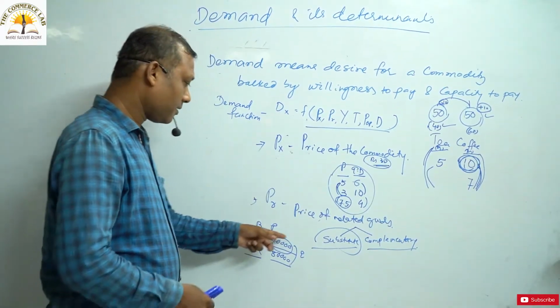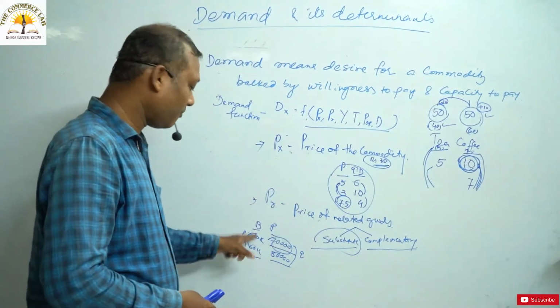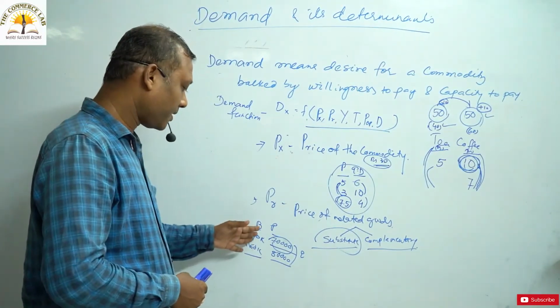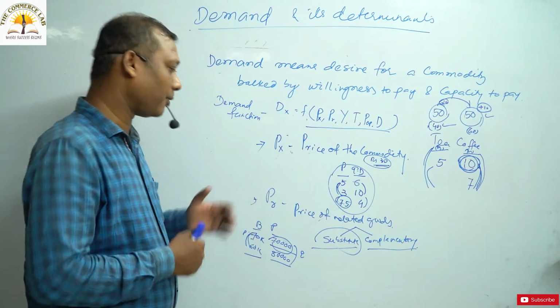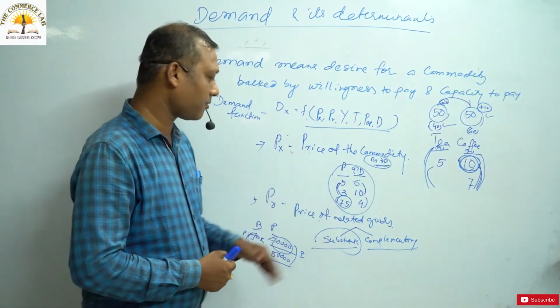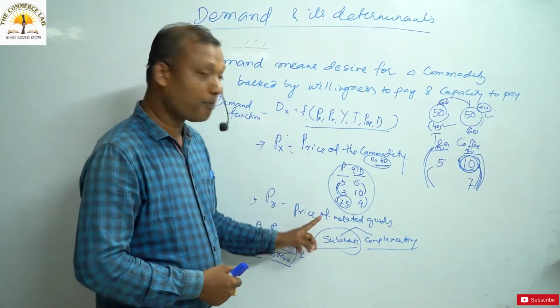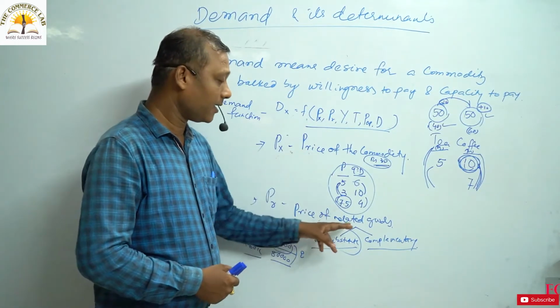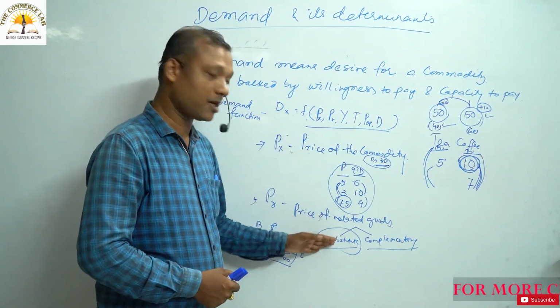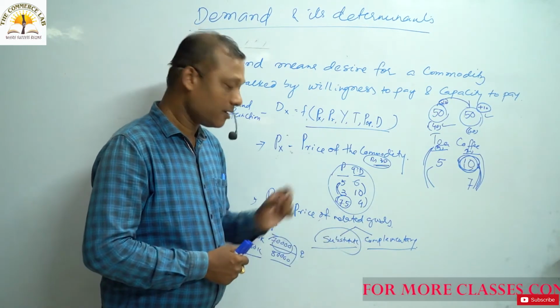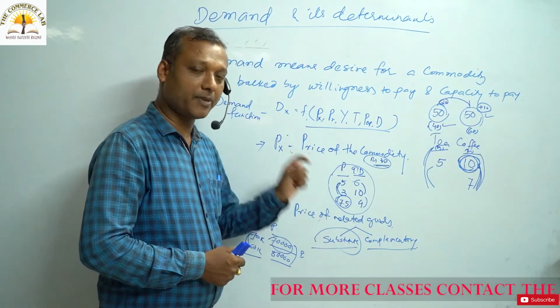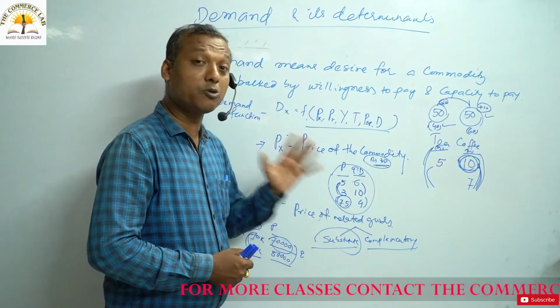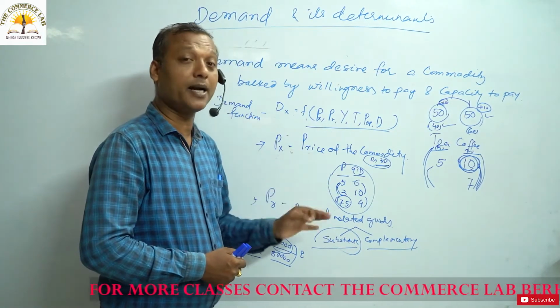So this is the explanation about complementary goods, the relationship between bike and petrol. So we have discussed the relationship of price with its related goods. I am repeating, related goods are of two types. One is substitute goods, one is complementary goods. Substitute goods are those goods which can be replaced by each other, and complementary goods are those goods which can be demanded jointly.